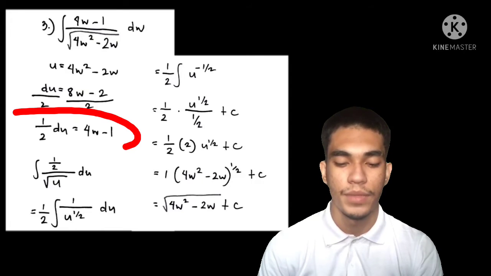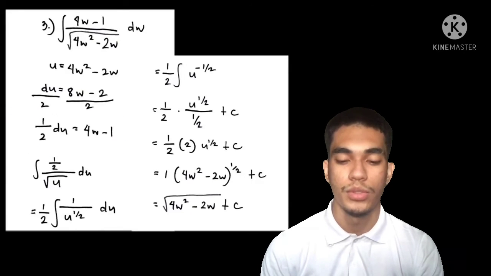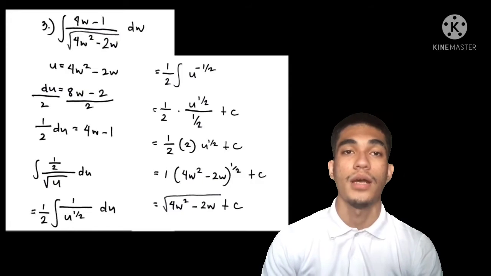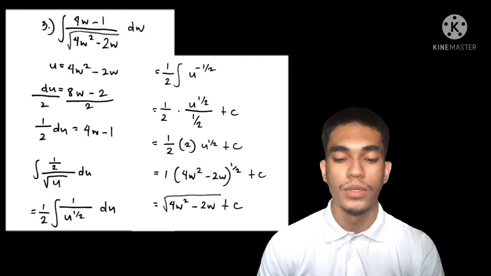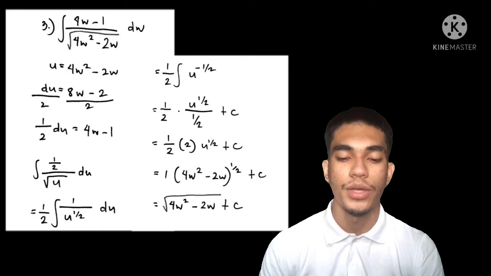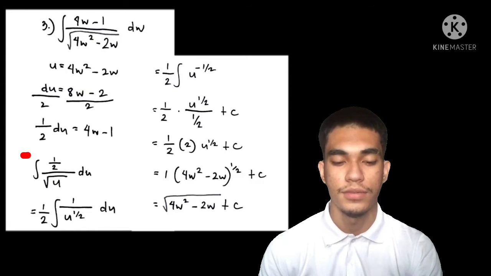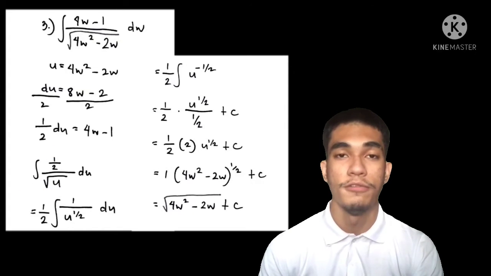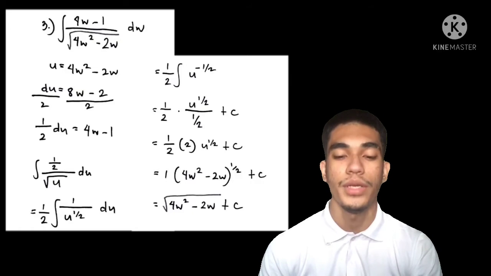Now we have 4w minus 1 as our du. Now, we need to substitute everything in terms of u and du. So we have the integral of 1 over 2 all over the square root of u du. We can pull the 1 over 2 in front before the integral sign.